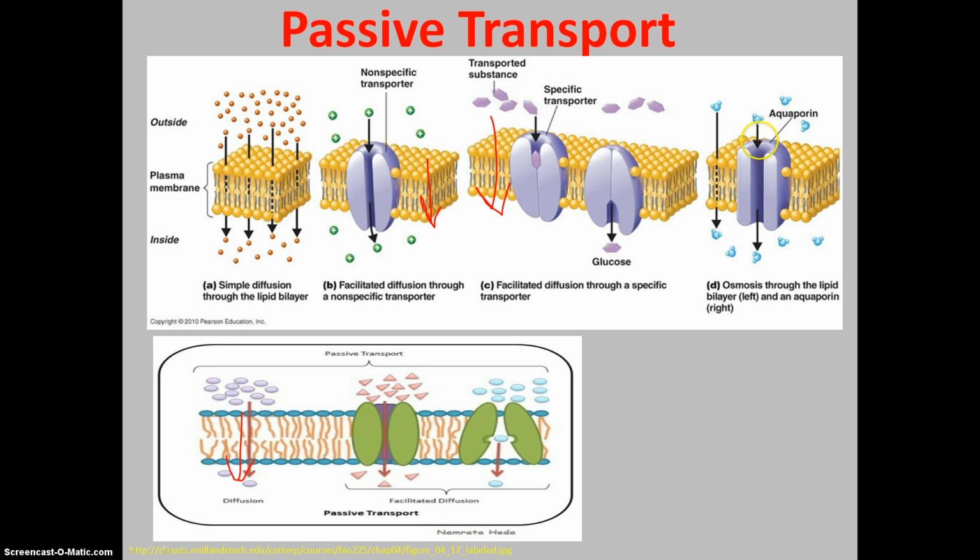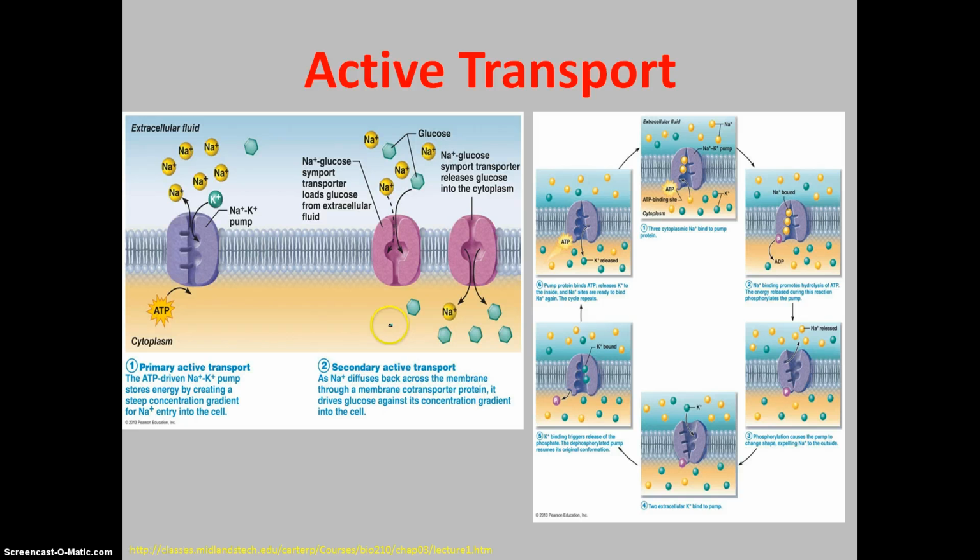And osmosis, on the other hand, is a special case of passive transport which allows water to freely diffuse across a membrane through a protein channel called aquaporin. Active transport, on the other hand, is much different than passive transport.